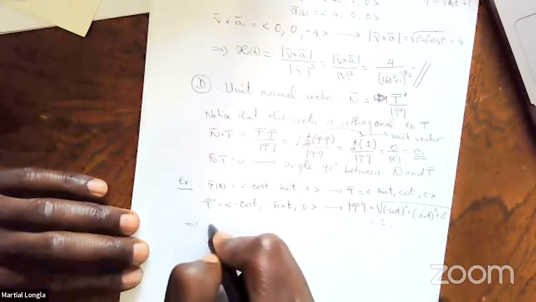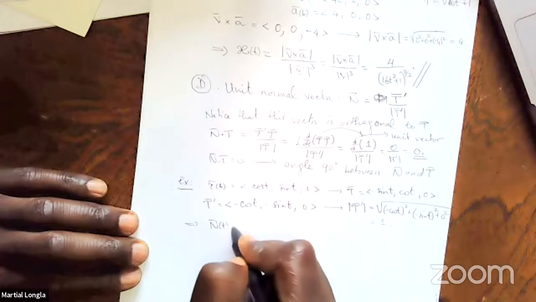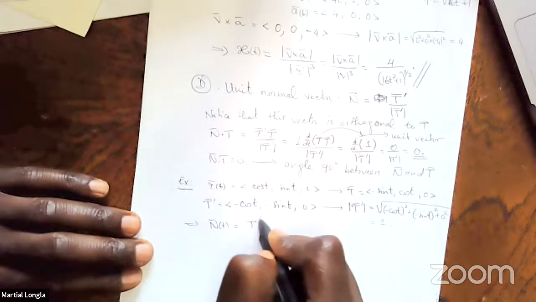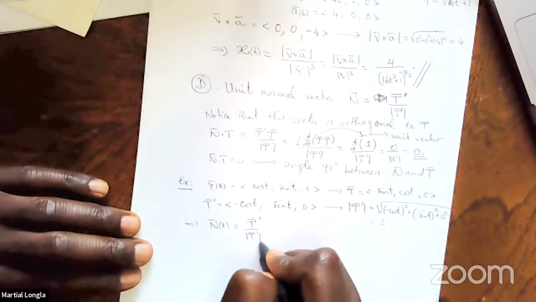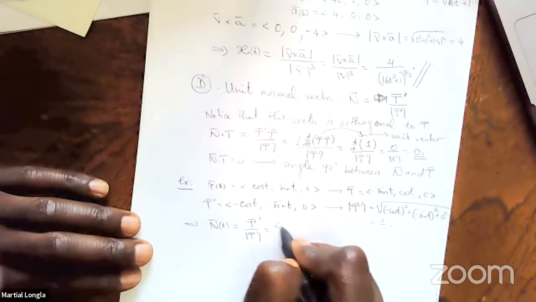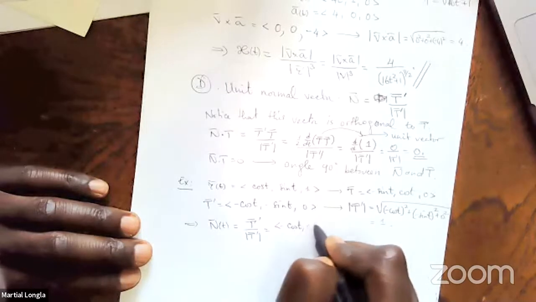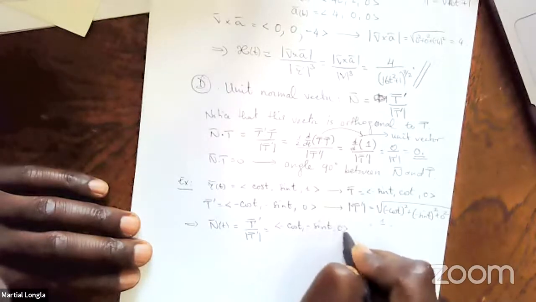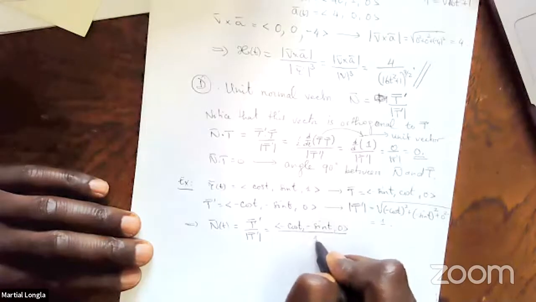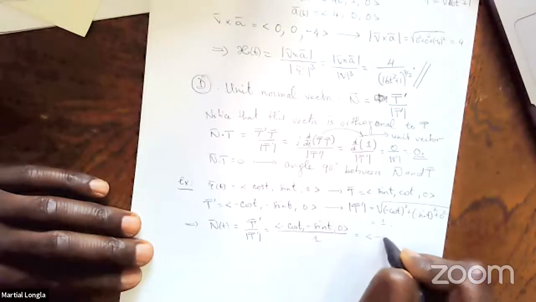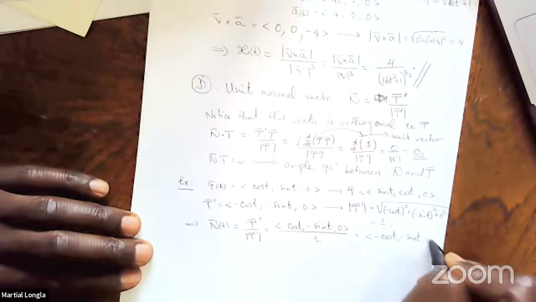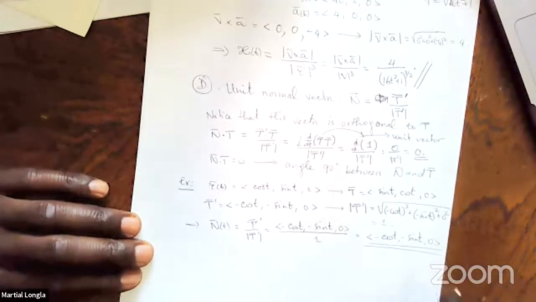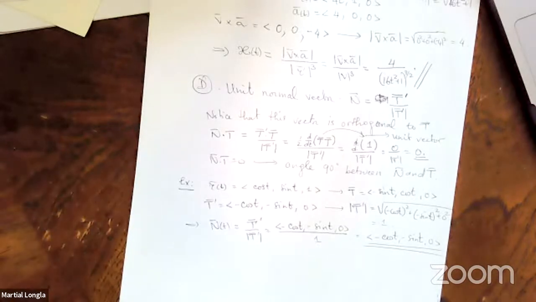So the unit normal vector n of t is t prime over magnitude of t prime, in this case equals negative cosine t, negative sine t, 0 over 1. So that's what the principal unit normal vector is in this case.